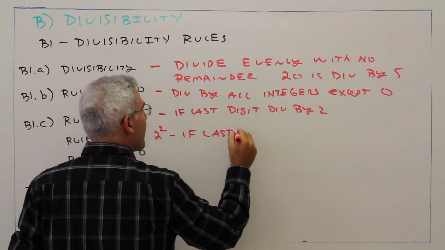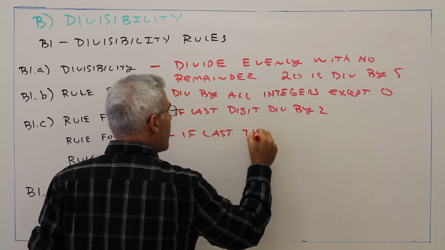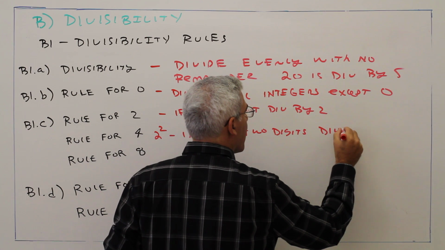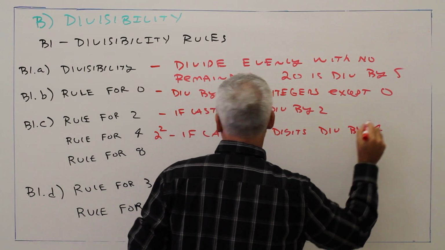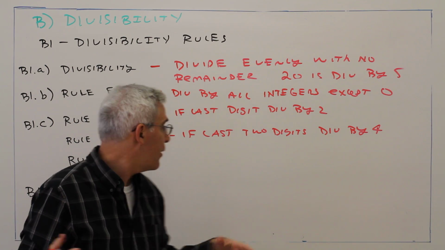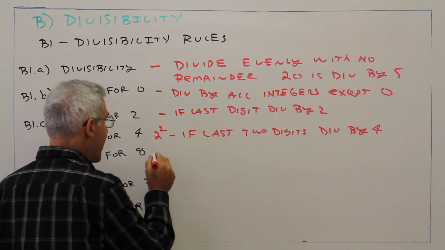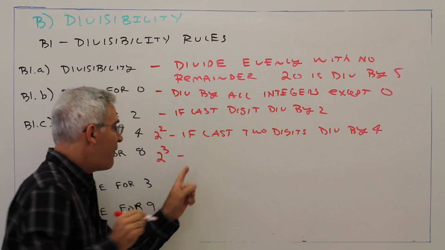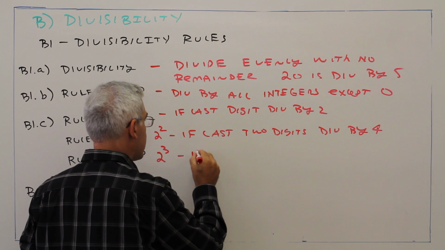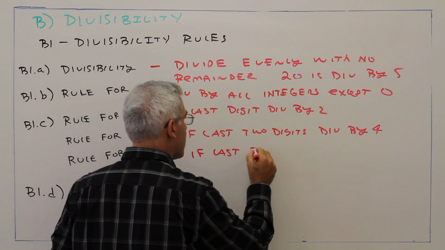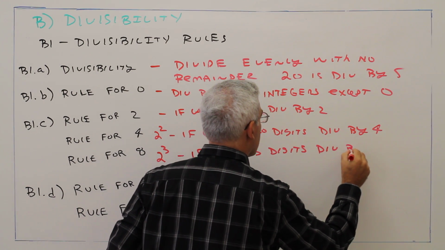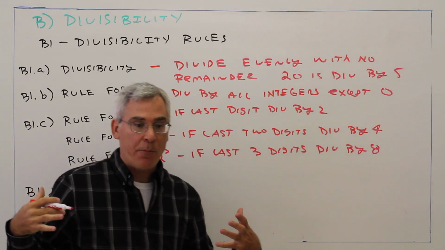If the last 2 digits are divisible by 4, then the entire number is divisible by 4. And for 8, hopefully you can guess, if the last 3 digits are divisible by 8, then the entire number is divisible by 8.